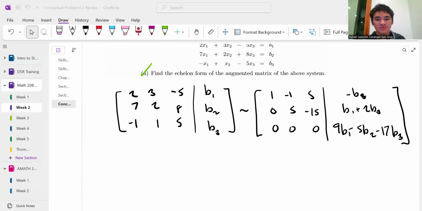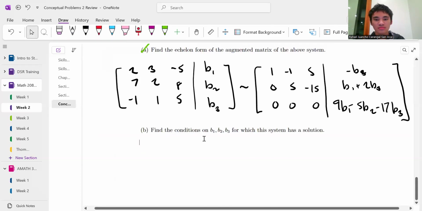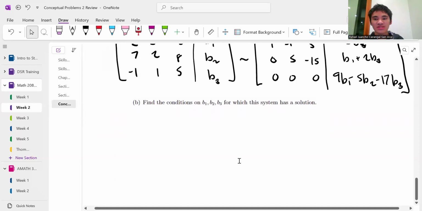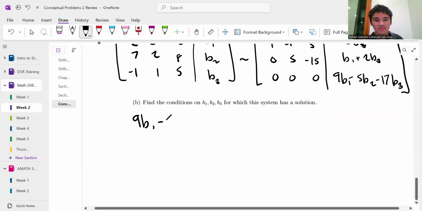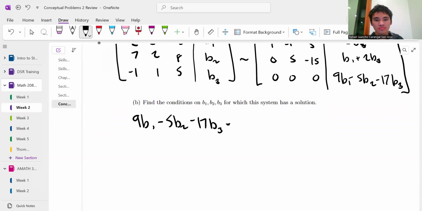Next, we want to find B1, B2, B3 for which this system has a solution. Well, that's just this guy. This is the condition.